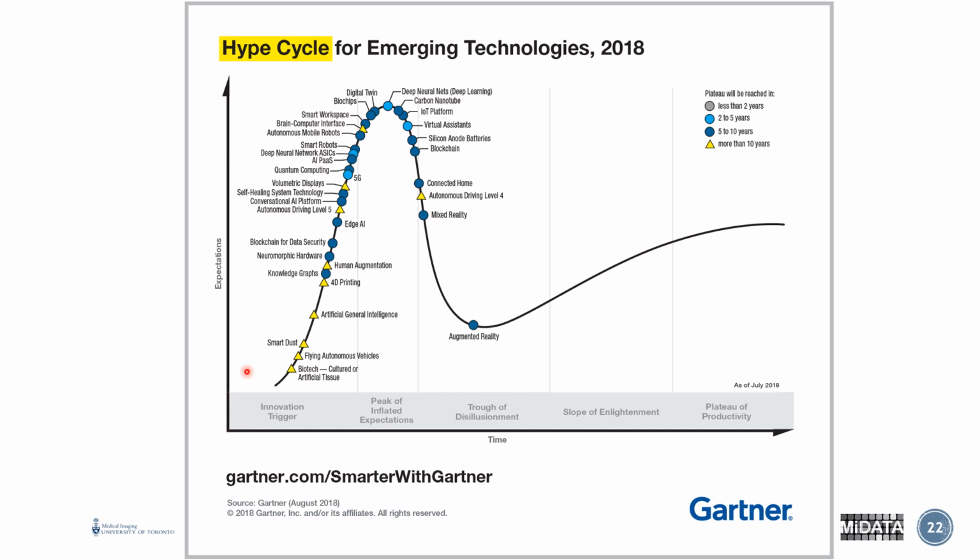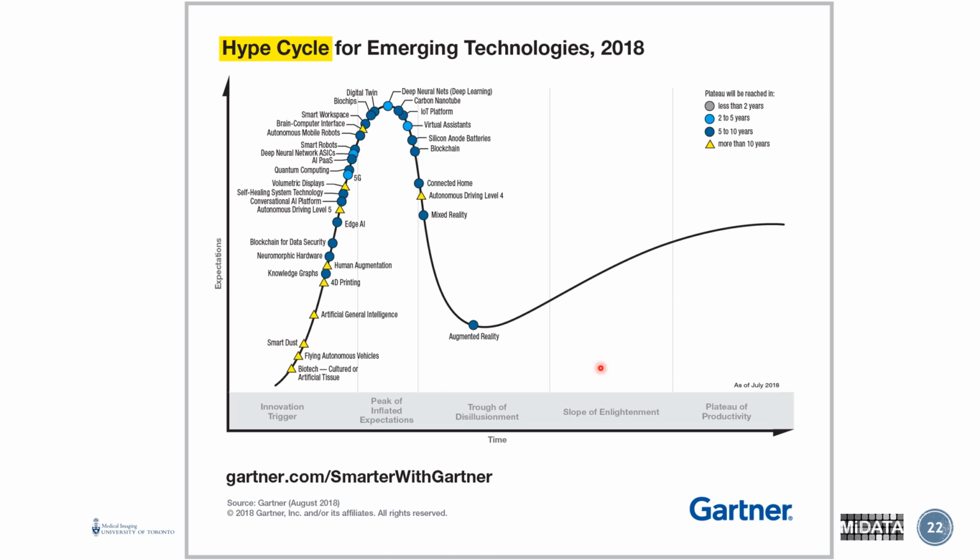In this curve you have sections: the innovation trigger, so the start, then the peak of inflated expectations, where you're thinking, oh my God, this is going to be amazing, it's going to solve all our problems. Then the trough of disillusionment, which means, oh God, it's not that great. Then the slope of enlightenment, which means we're starting to figure out how to use this and make good use of it. And then the plateau of productivity is now we're using it.